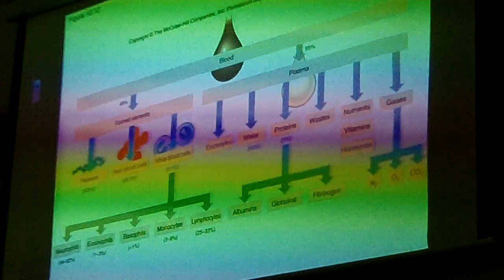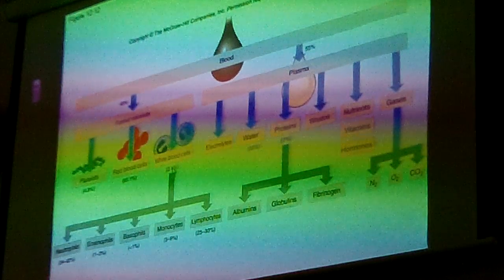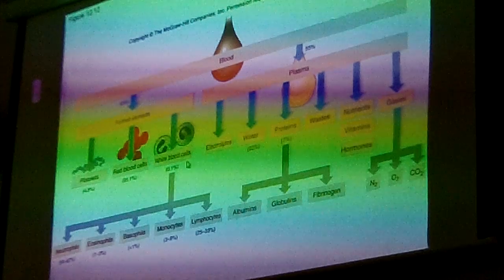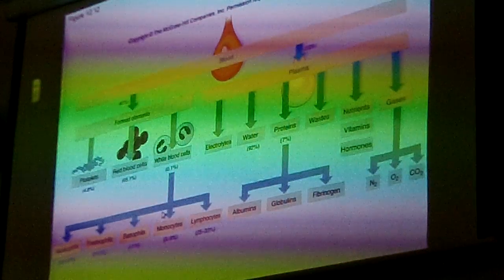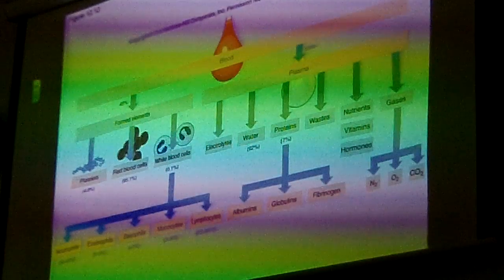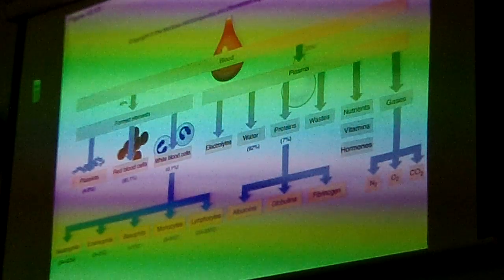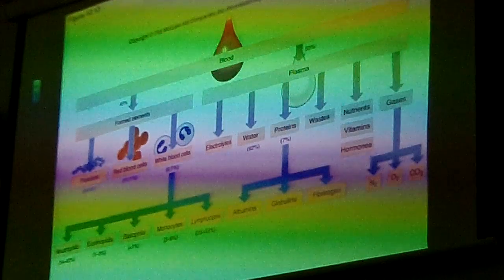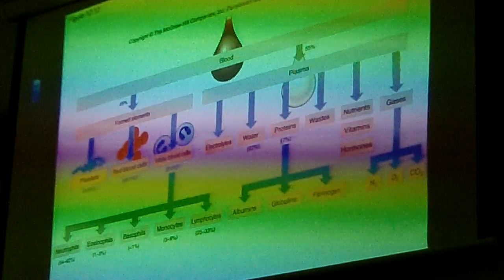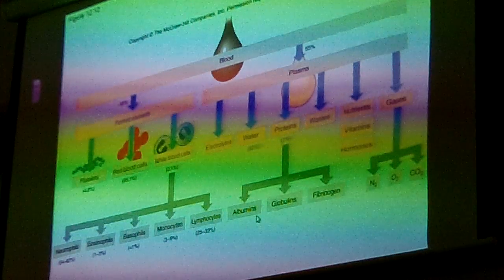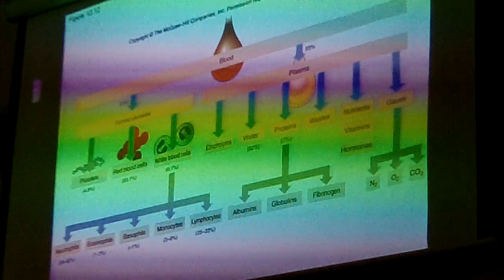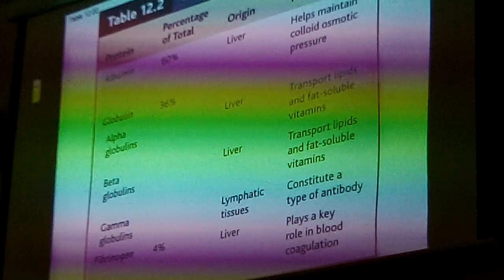And a lot of the stuff is living, like the white blood cells and the red blood cells. They're living cells that you can't just come up with. But they're working on this. They're going to figure out artificial blood one day, and then nobody will have to donate blood anymore. Won't that be a great day? It may happen in your lifetime. I've been reading about it in the magazine. And that'll save a lot of lives.